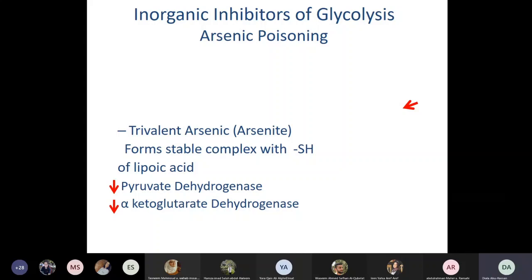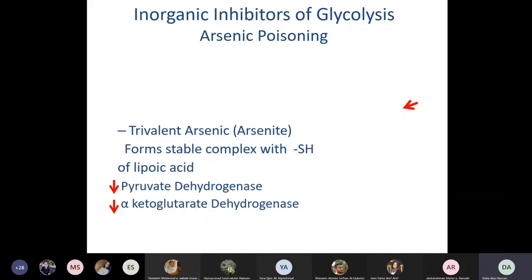Once it interacts with the thiol group of the lipoic acid, it would inhibit pyruvate dehydrogenase. If I inactivate pyruvate dehydrogenase, what happens? There would be no formation of molecules that can activate the Krebs cycle.